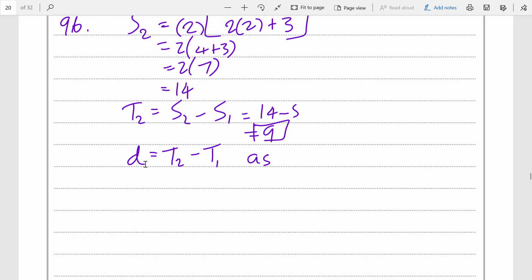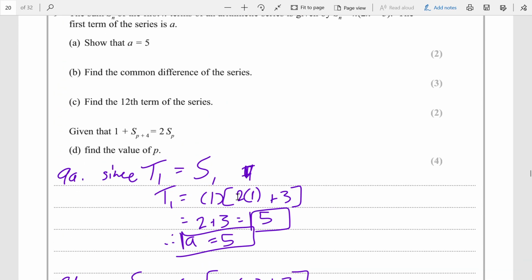So d is the second term minus the first term, as it is an arithmetic series, which would be equal to T2 being 9 and T1 being 5, 9 minus 5 is 4. Okay, so that's the common difference.